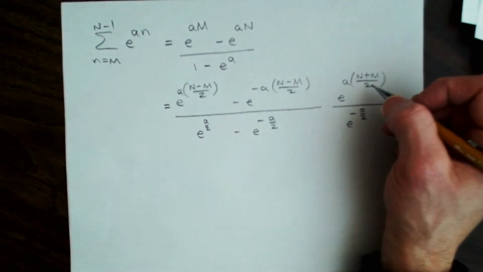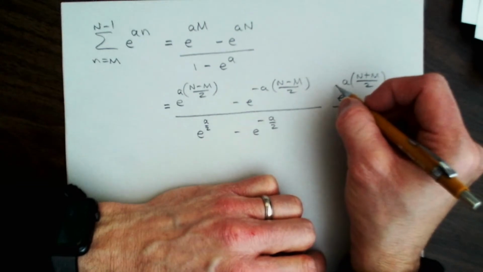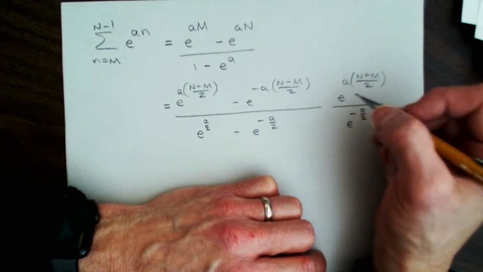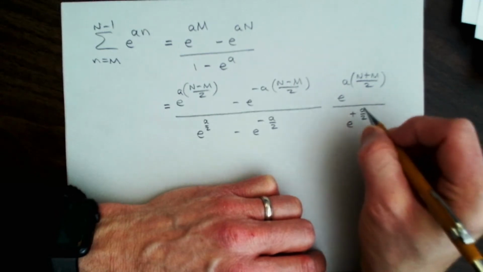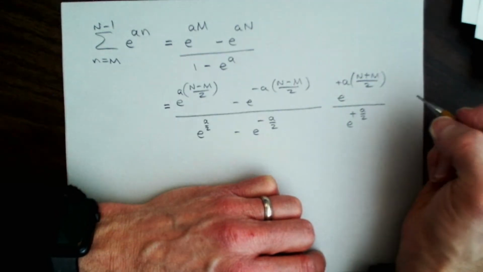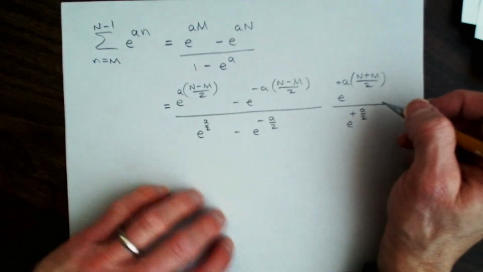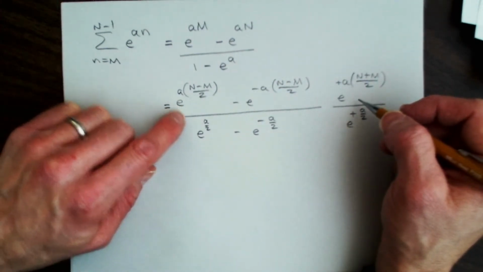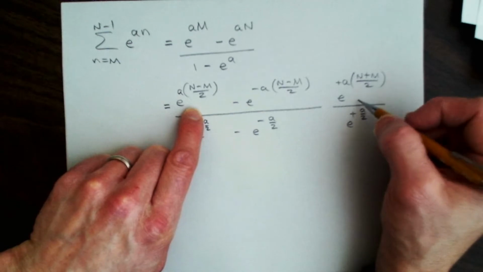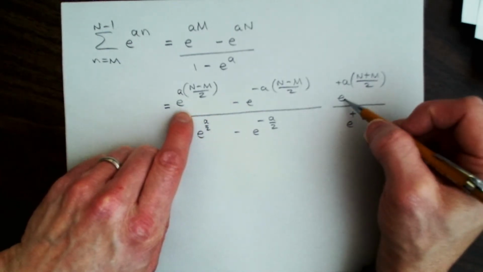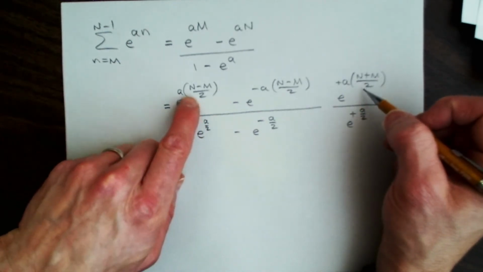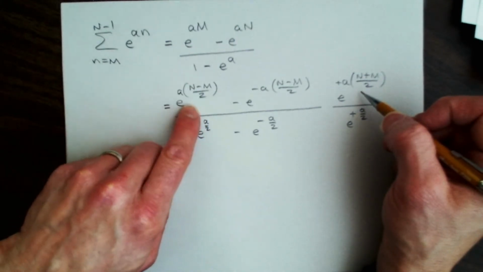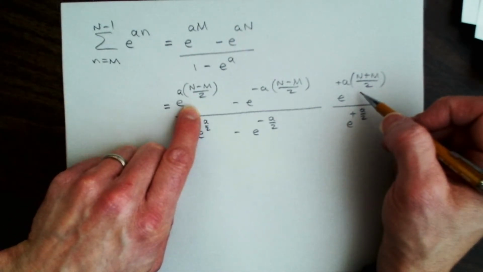And we better check our work here just to make sure we have done this correctly. I think I'm going to change this and put pluses here on both of these terms. Let's see what happens when we multiply this back together. So let's look at this first term. So e to the a n over 2 combines with e to the a n over 2 here, giving e to the a n on this term.